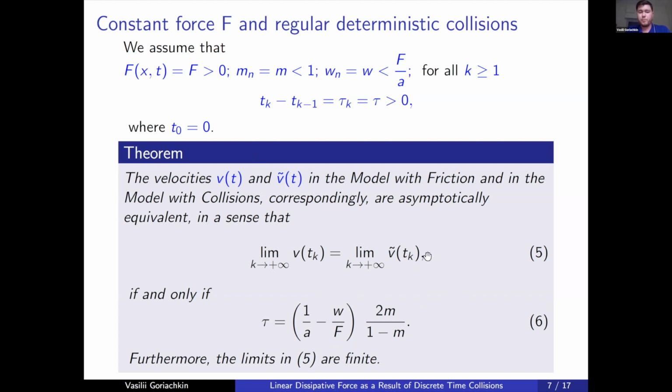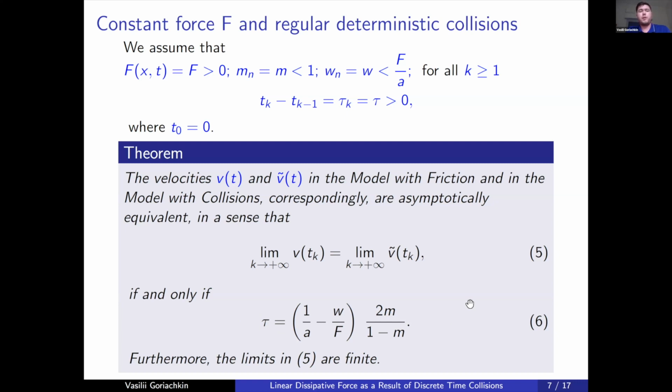Furthermore, these velocity limits are finite, and the limit is equal to f over a. So if we fix m, w, f and a, we have to take tau equal to this number. This is a necessary and sufficient condition for asymptotic equivalence.